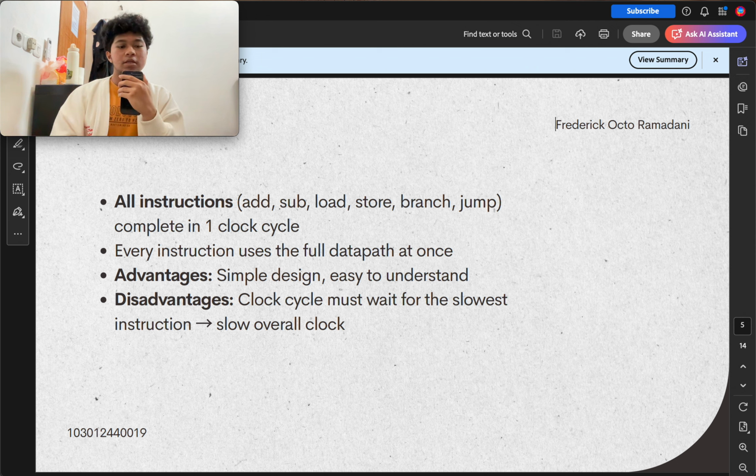That means fetch, decode, execute, memory access, and write back all happen within a single fixed length cycle. This is easy to understand and implement, but as we will see, there are maybe some trade-offs.